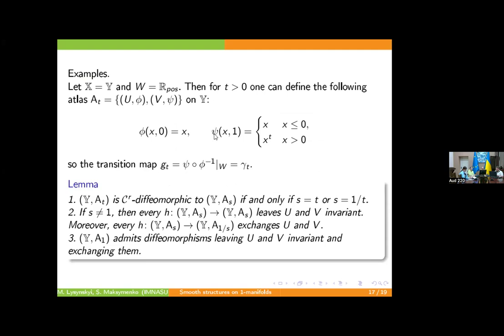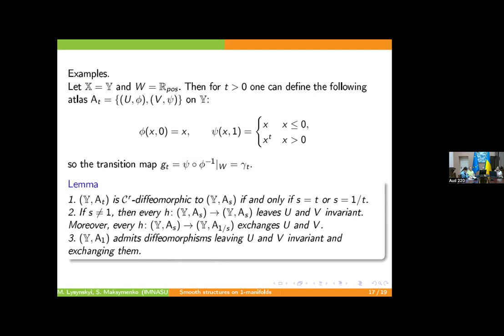One example presents differentiable structures which are pairwise not diffeomorphic. For the letter Y, I take these ones. One diffeomorphism is just the identity; another chart consists of the identity on one part and x to the power t on another part, so it's a square or a square root or something like that. The statement is that the smooth structures S and T are diffeomorphic only if S and T coincide or are inverse to each other.